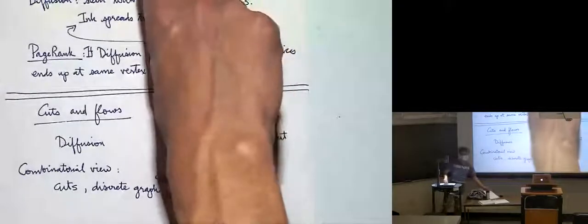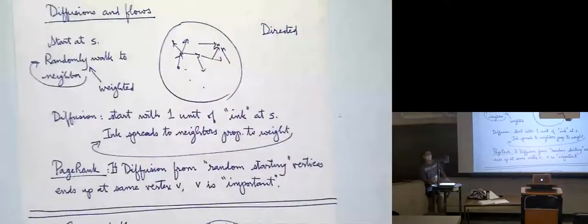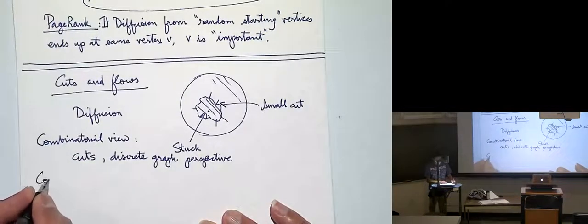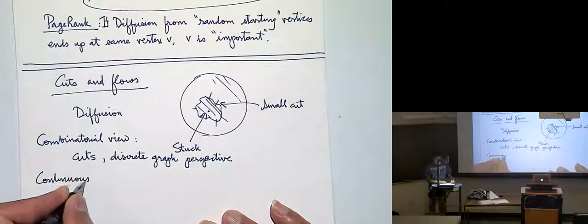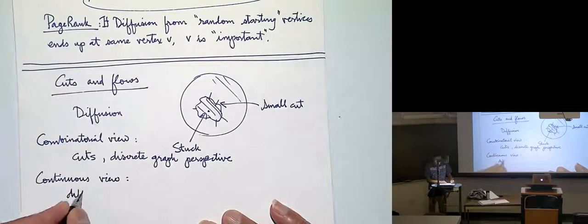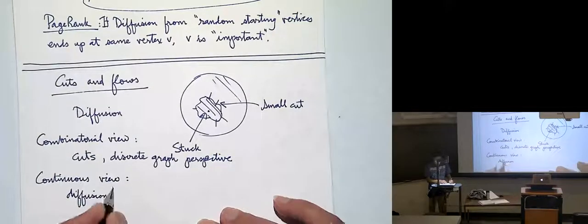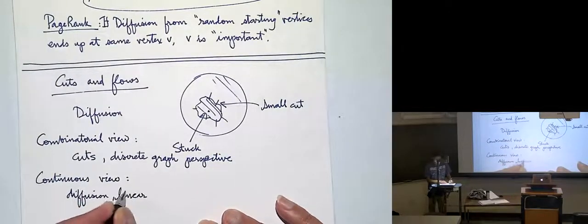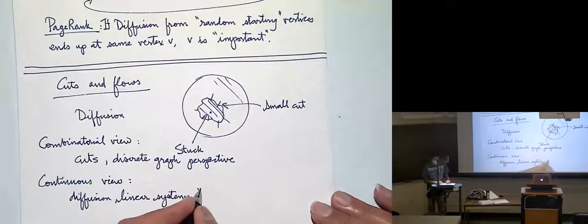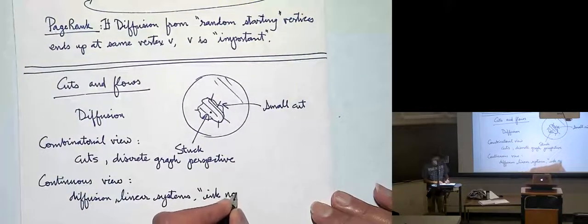This picture seems like a lot more of a continuous viewpoint. The continuous view is really diffusion and linear systems, sort of like ink norms.